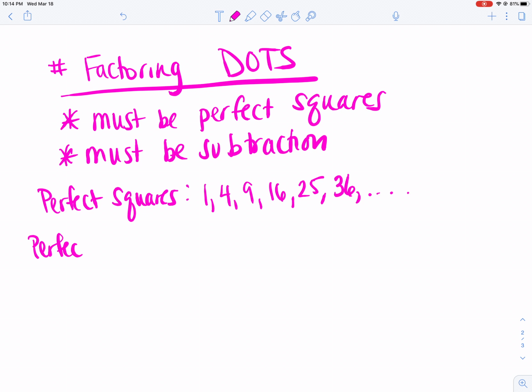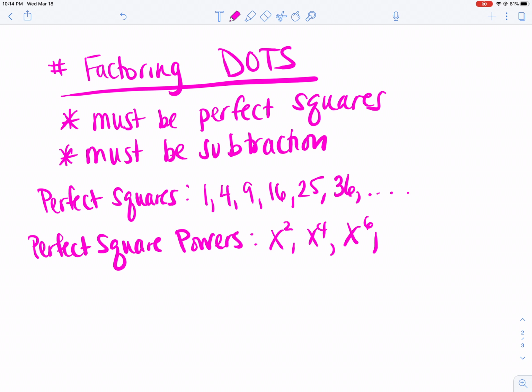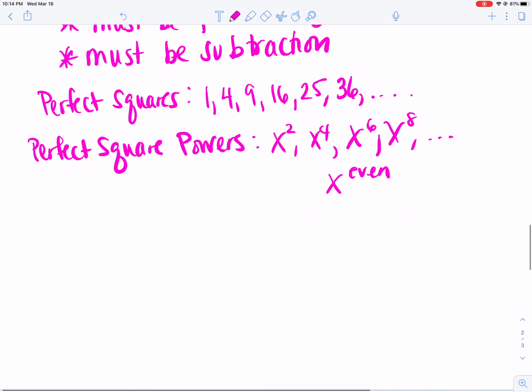Perfect square powers: x to the second, x to the fourth, x to the sixth, x to the eighth. Any x to an even exponent. And I would put an example from the first set of problems and from the second set of problems.